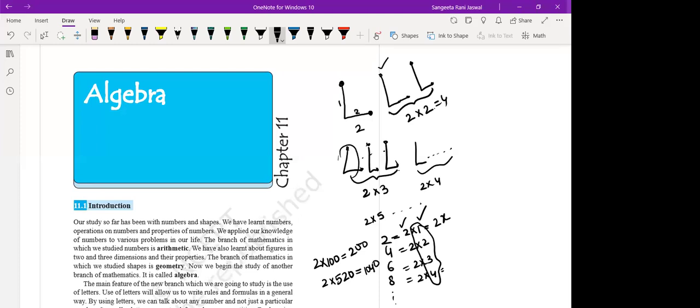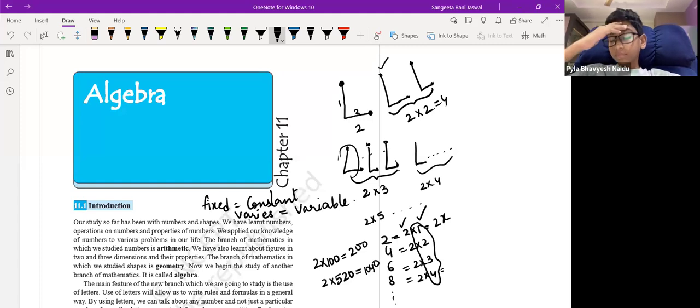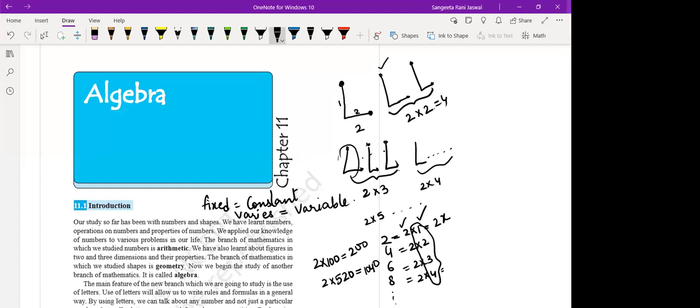The number which is fixed is called constant. The number which varies, varies means changes, is called variable. Are you understanding? Yes, ma'am. Everyone understood this example? Yes.